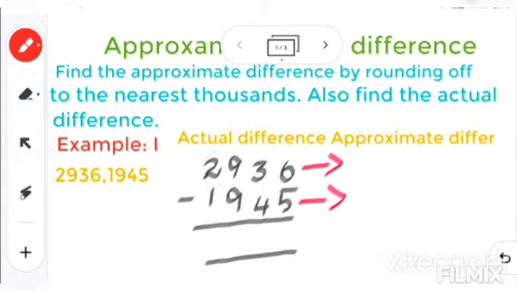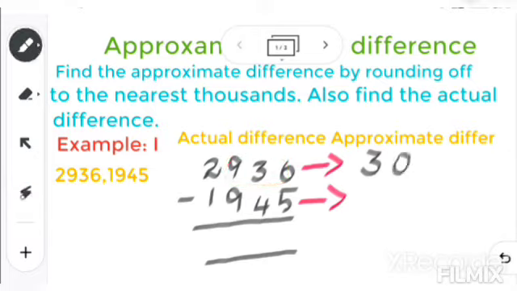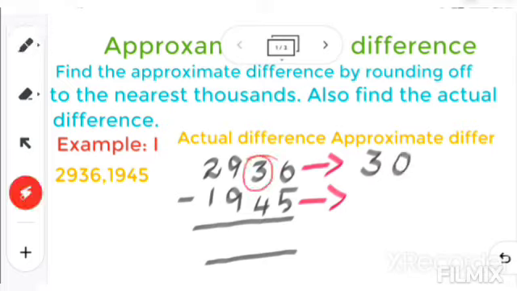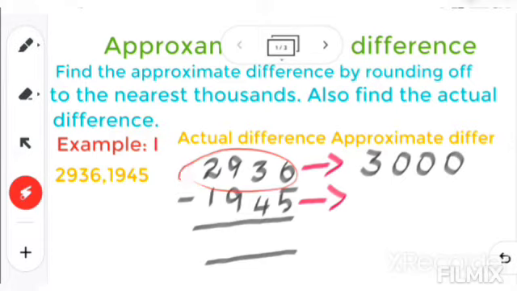So it will be 3, and all the remaining right side digits will become 0. So this 9 will become 0, this 3 also will become 0, and this 6 also will become 0. So now after rounding off, this 2936 to the nearest thousand becomes 3000.